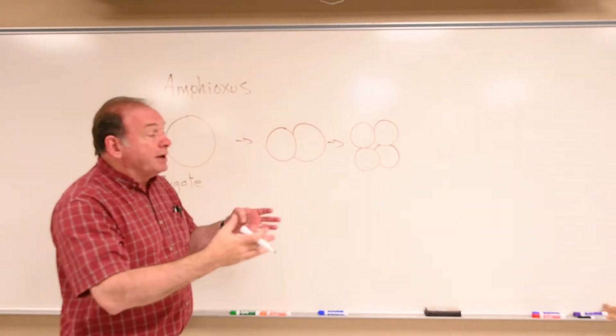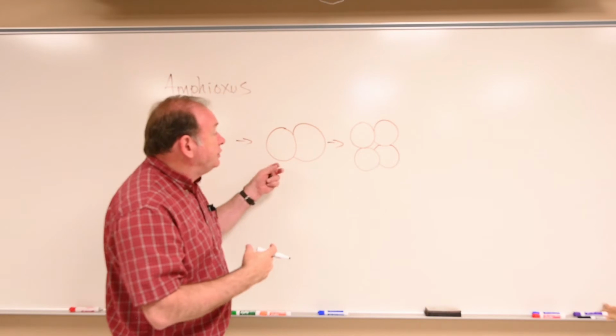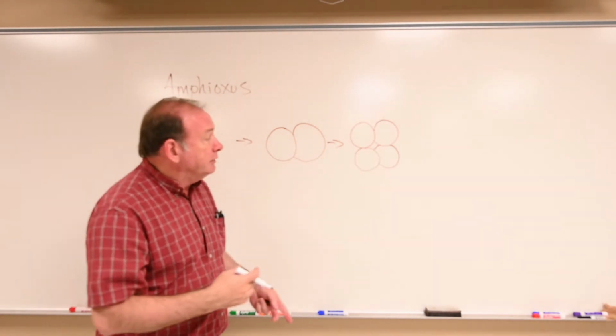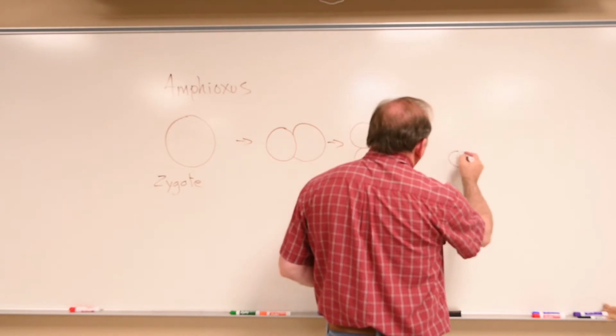Now these cells are not feeding, they're not able to grow any, so when they undergo division, each cell is half as big as the one that preceded it. Then you have an 8-cell stage.